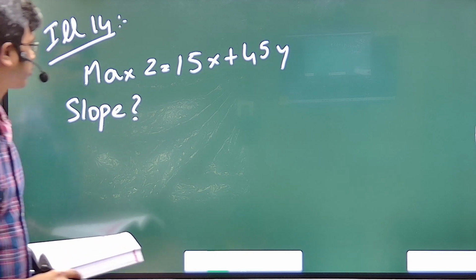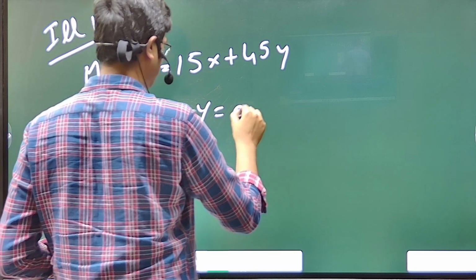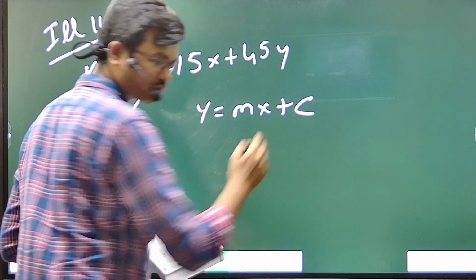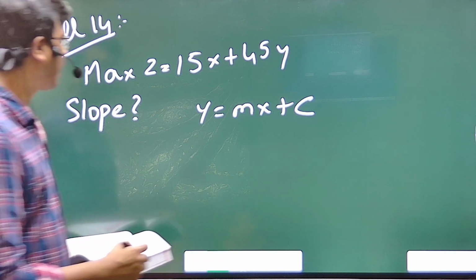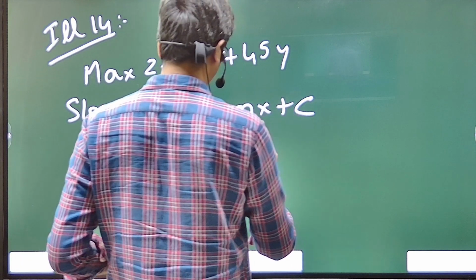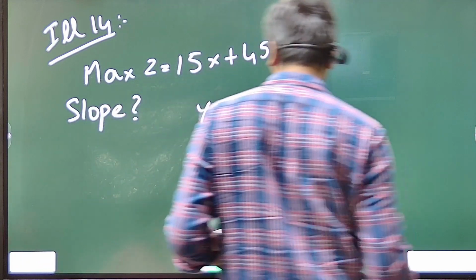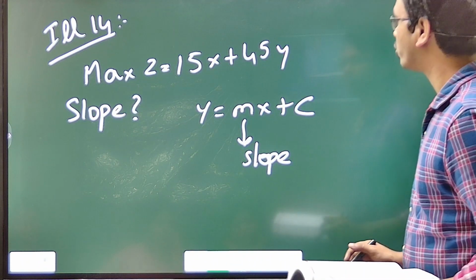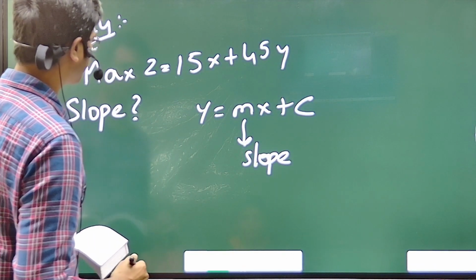For the slope of any straight line y equal to mx plus c, this is the equation of a straight line. You know that? In this equation, m is nothing but the slope. So let us bring this equation into that form.